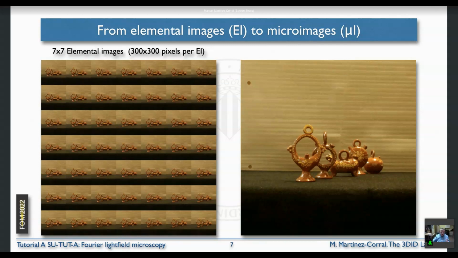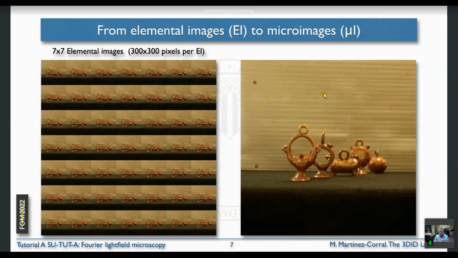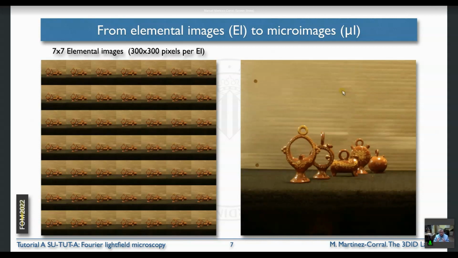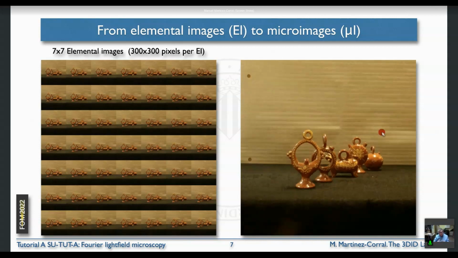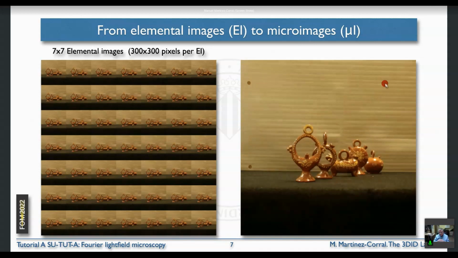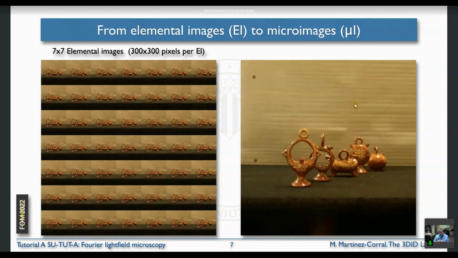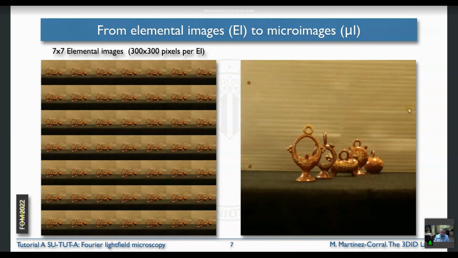They seem to be the same, but are not exactly the same because they have different perspective. So the first thing we can make with this information is to watch the scene from very different perspectives.